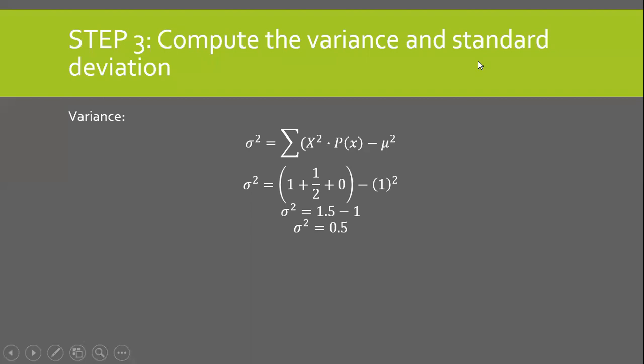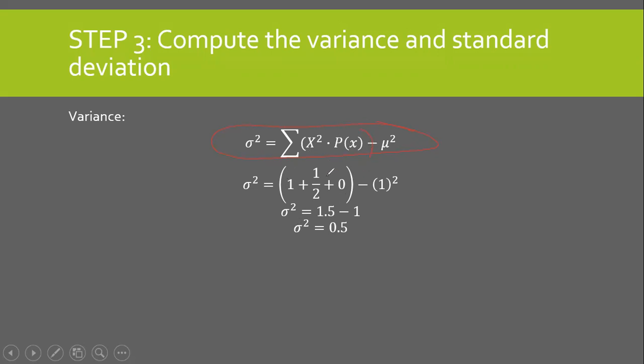Now we're on step 3, the last step. Compute the variance and standard deviation. Remember, the formula is this one. Now, get the total for x squared times p of x. We already solved this earlier.